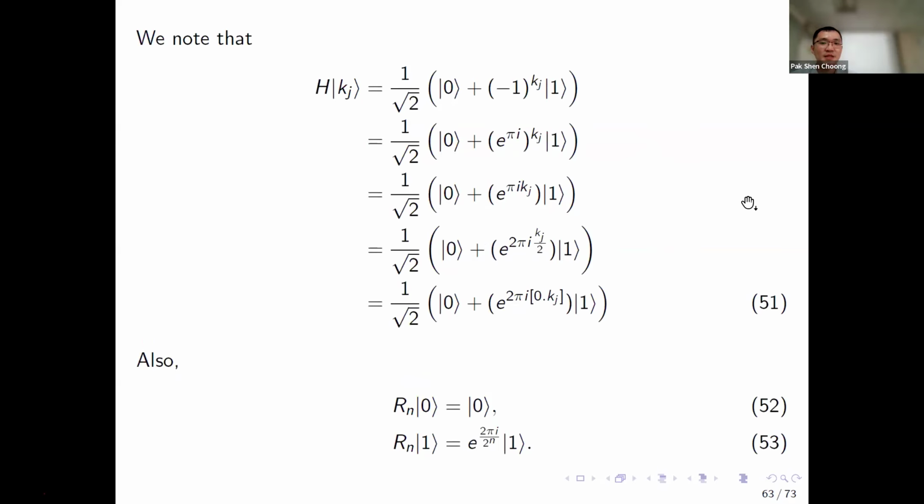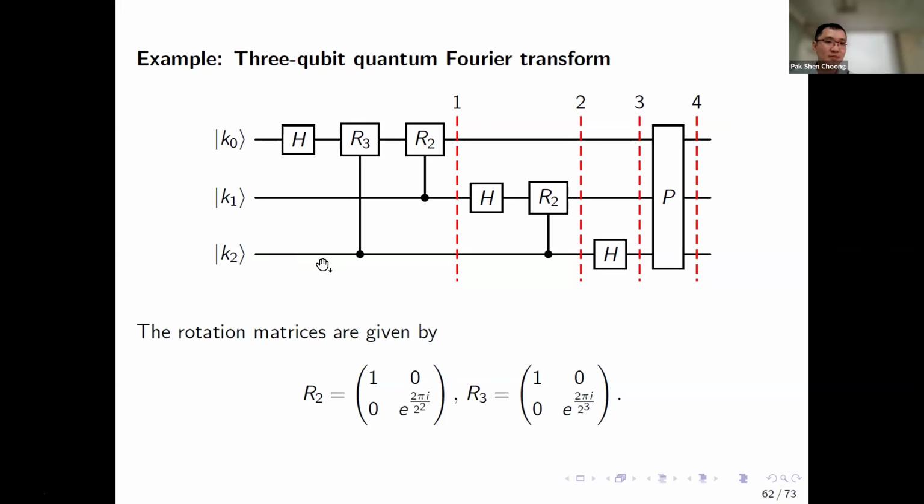In general, this will be how it works. Now the second thing is the control rotations. When K2 is equal to 0, you are not performing your rotations.